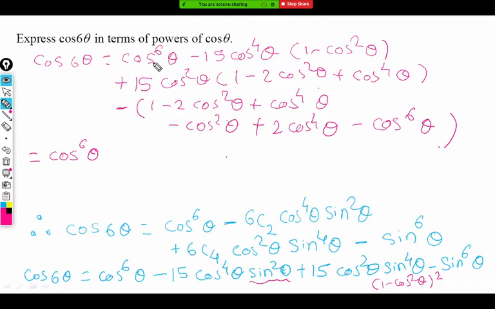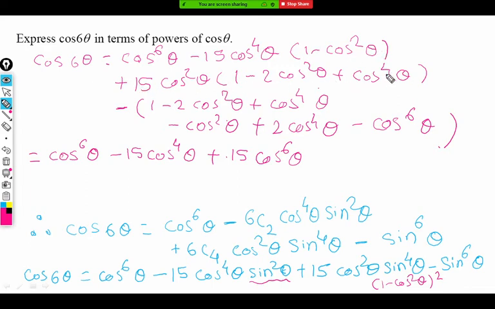Okay, so first term cos raised to 6 theta. Let me take equal terms together. This term becomes minus 15 cos raised to 4 theta plus 15 cos raised to 6 theta. This is the simplification for the second term.